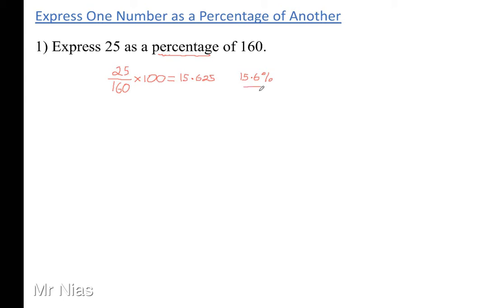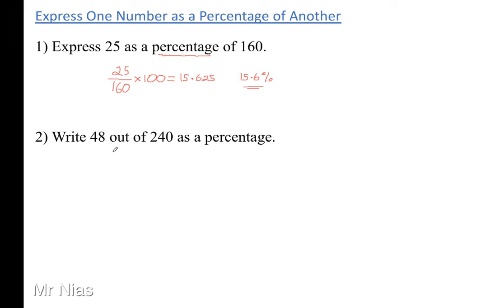Okay, there we go. So let's do another question. Write 48 out of 240 as a percentage. You notice there's just a subtle difference in the wording here, but it's actually exactly the same thing.